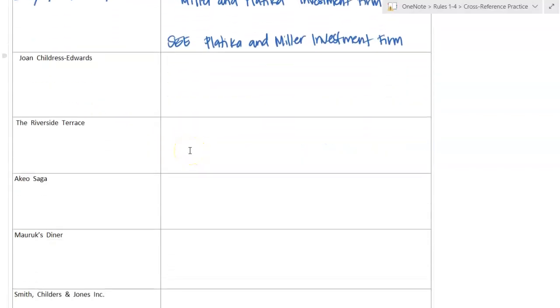Okay, here we have Joan Childress Edwards. This is a hyphenated surname. So Childress Edwards would be the original key unit, and Joan would be unit 2. Okay, a cross-reference is needed for this, and it would be filed under Edwards as the key unit, Joan as unit 2, and Childress as unit 3.